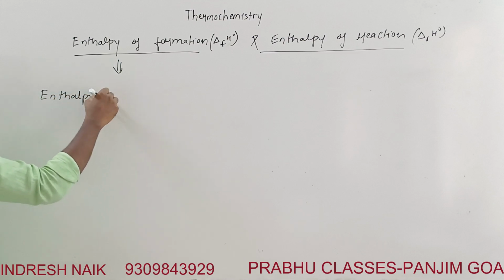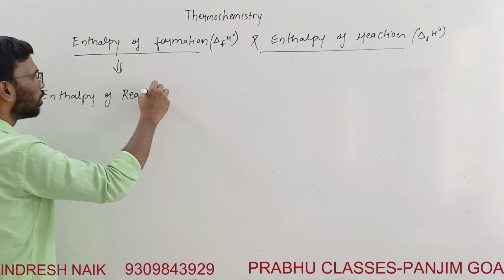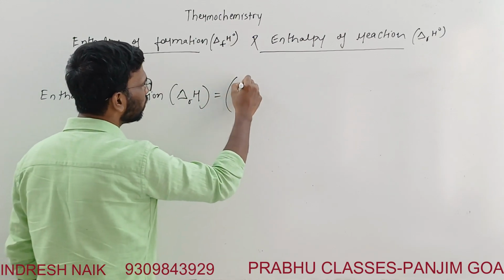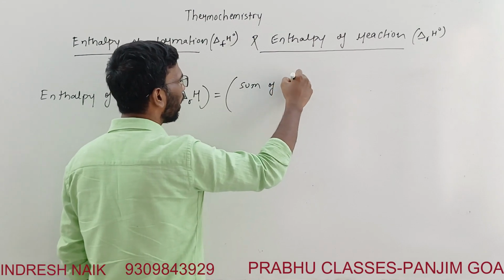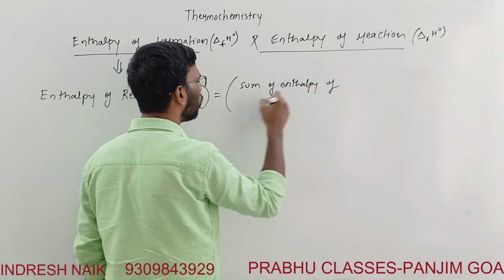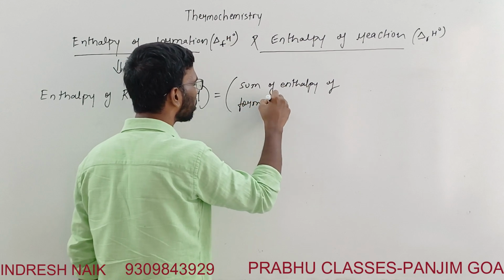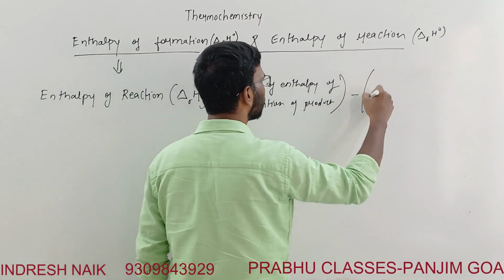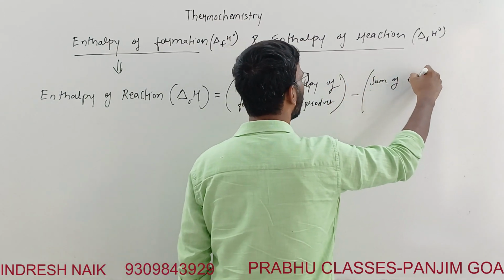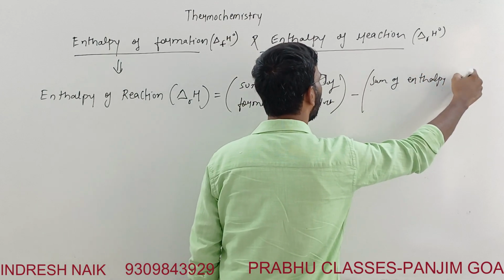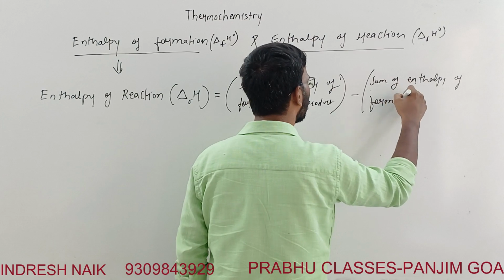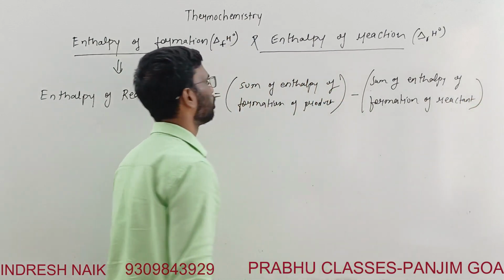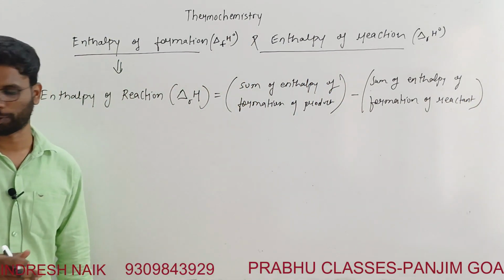Enthalpy of reaction, in brackets delta R H, is equal to the sum of enthalpy of formation of products minus the sum of enthalpy of formation of reactants. Understand this? Okay, this is how it is given.